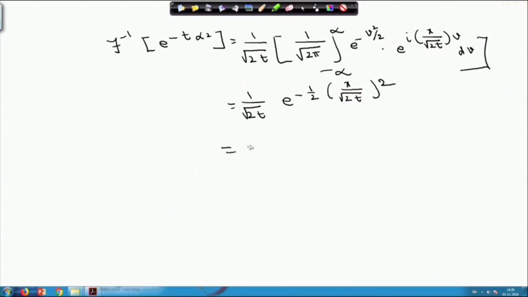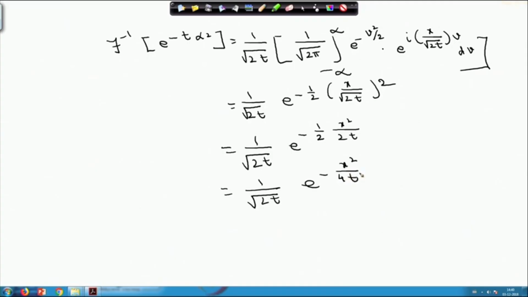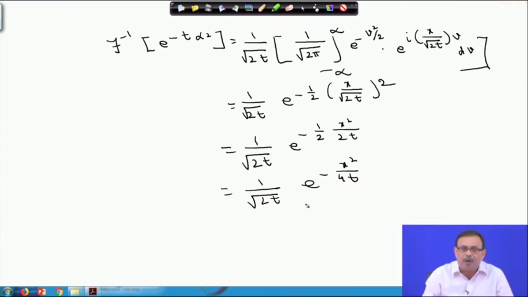If I simplify this again, I will obtain 1 by root 2t into e power minus half into x square by 2t, so that is 1 by root 2t e power minus x square by 4t. Therefore, the Fourier inverse of e power minus t alpha square is nothing but 1 by root 2t e power minus x square by 4t.